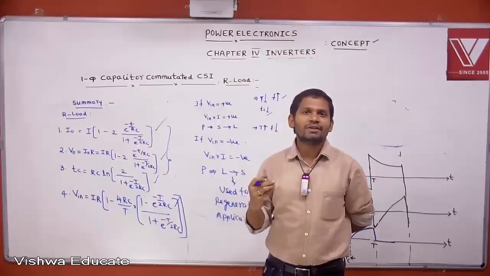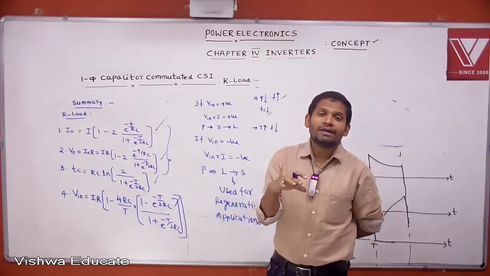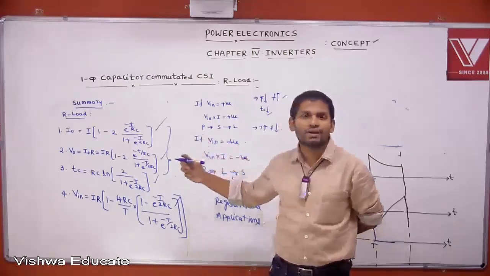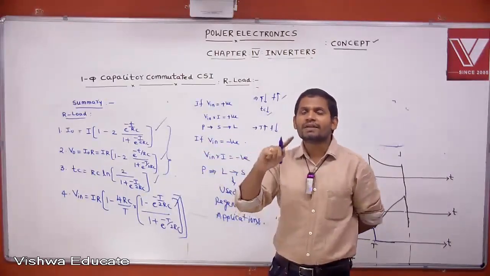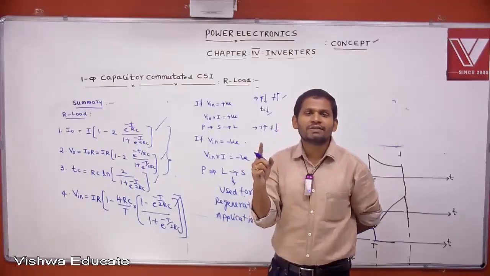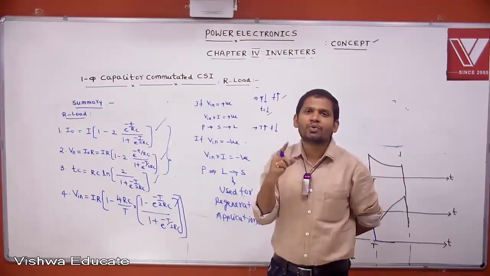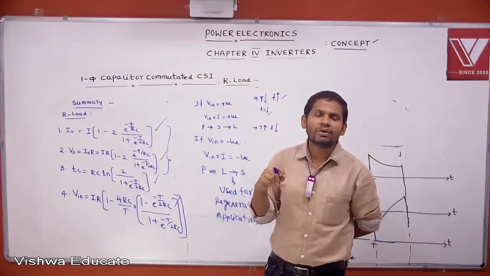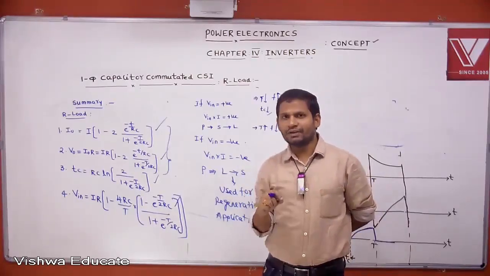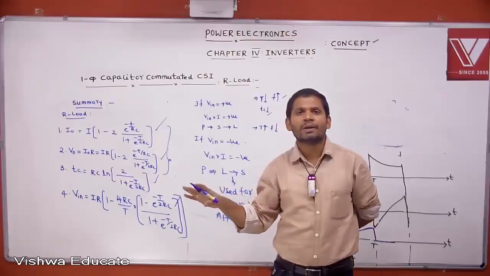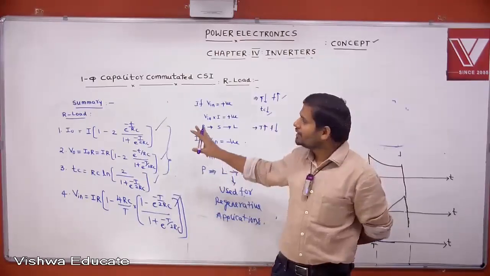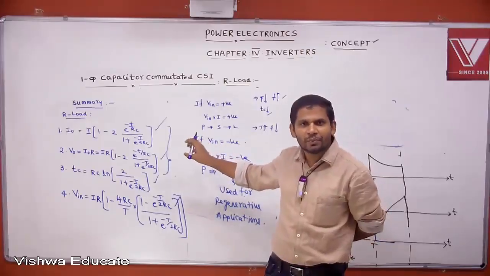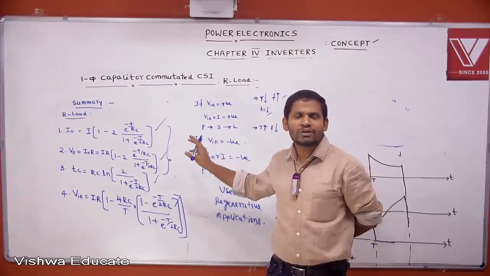In the next session, I will continue with the design considerations in the case of the capacitor commutated current source inverter, to get the pure square waveform and the pure sinusoidal waveform.